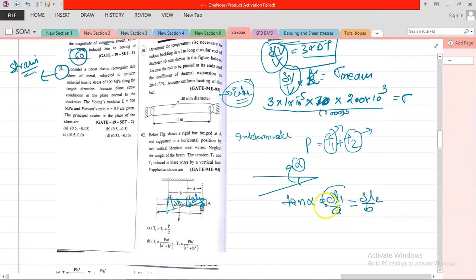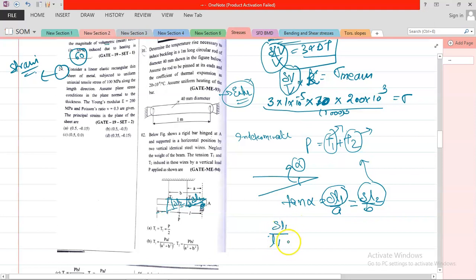Now you know how to obtain delta L1 with the T1 relation, and delta L2 with the T2 relation. So I am just equating it. Your length is initially equal, I think, yes it is equal.